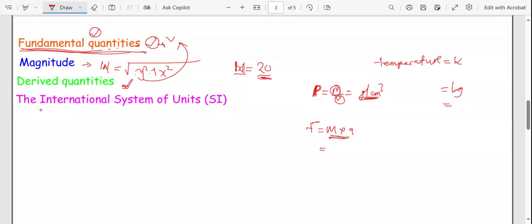Then we can also talk about the international system of units. So this is the worldwide accepted standard of units. The world had to come up with a standard, because in as much as we do trade internationally, we need to have a standard of naming our things. For example, in the UK, they say the density is expressed in meters per second.